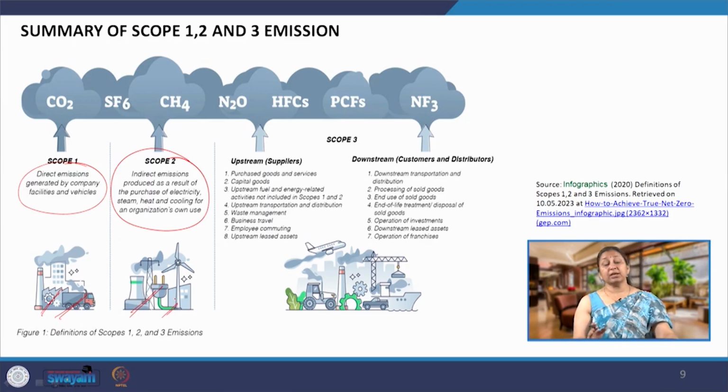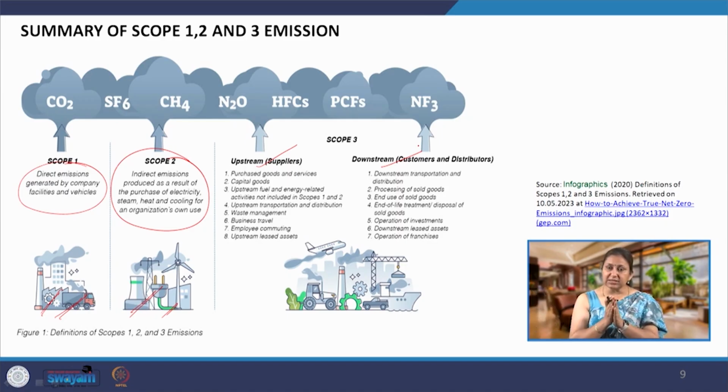The scope 3 is a very wide scope and also varied scope. So, all the upstream which is suppliers and downstream which is customers and distributors, all the activities that are there starting from extraction of raw material to the disposal of the finally used product is all coming in scope 3.